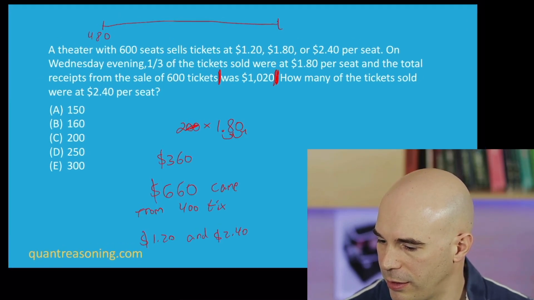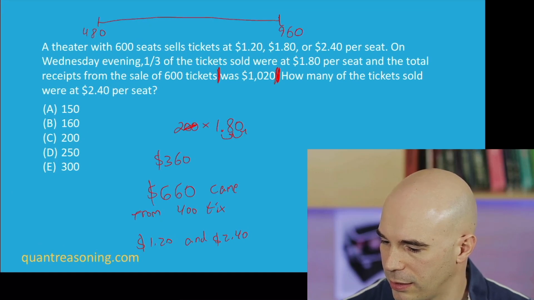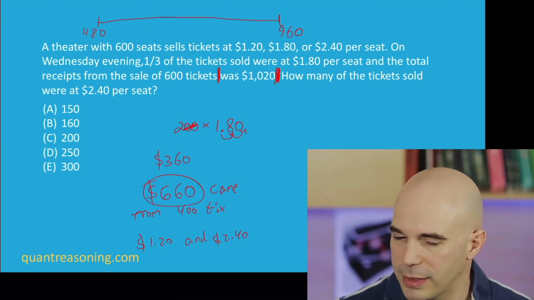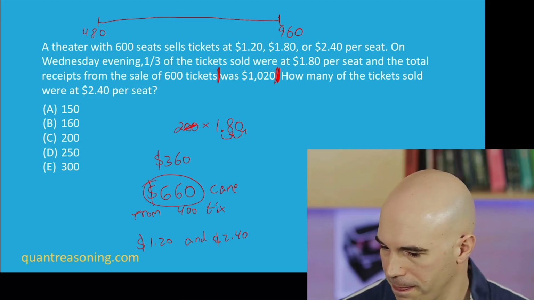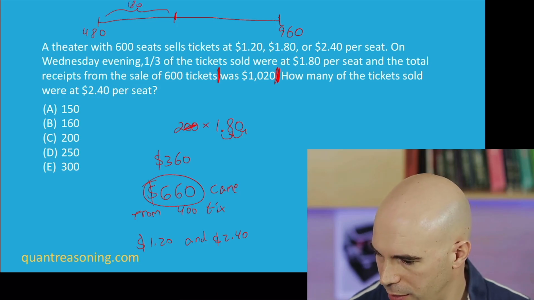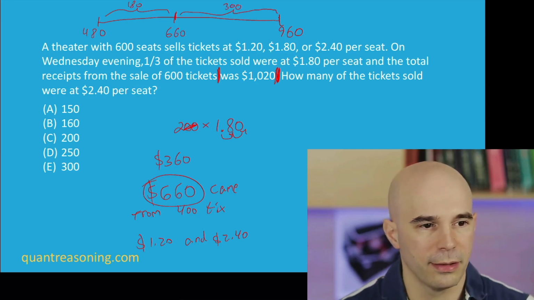So here's $4.80 and here's $9.60. And we know that we are at $6.60, which is closer to which side? Yeah, it's only 180 away from here, but it's 300 away from here.